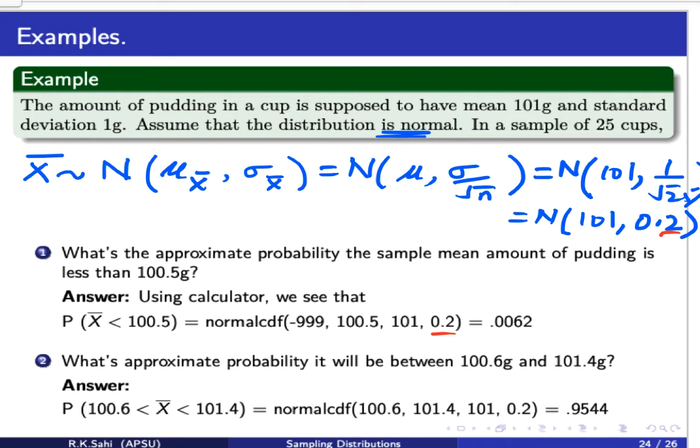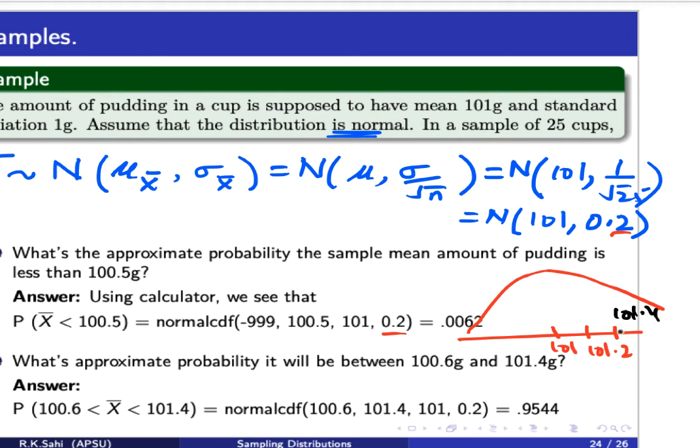So let's look at the normal curve, guys. When I make the normal curve, this is 101. Now we're going up by 0.2. The next one would be 101.2, and the next one would be 101.4.